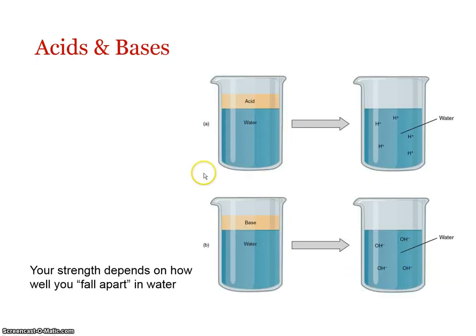So acids and bases are represented here on this simple cartoon. Here's the water, again hydrating or surrounding the acid, let's say hydrochloric acid, and it's pulling apart. The hydrogens are positively charged, the chlorides are negative, the water is pulling these ions apart, and with the free hydrogen ions, we now call this an acid.